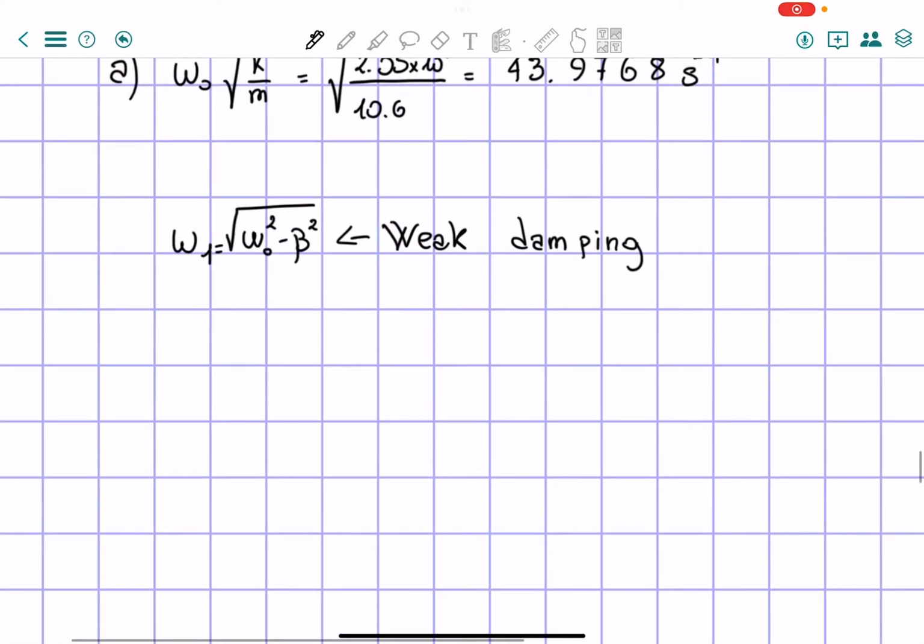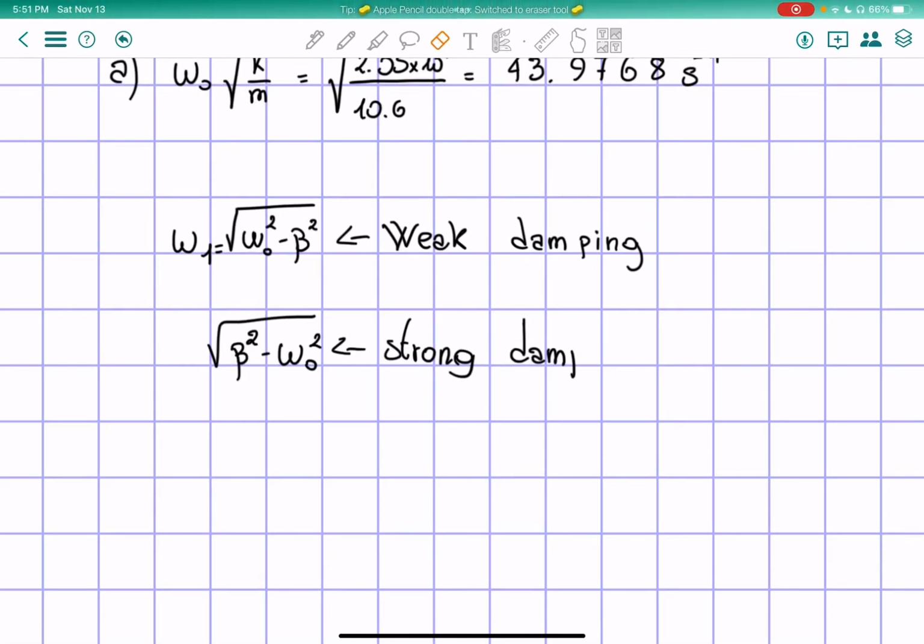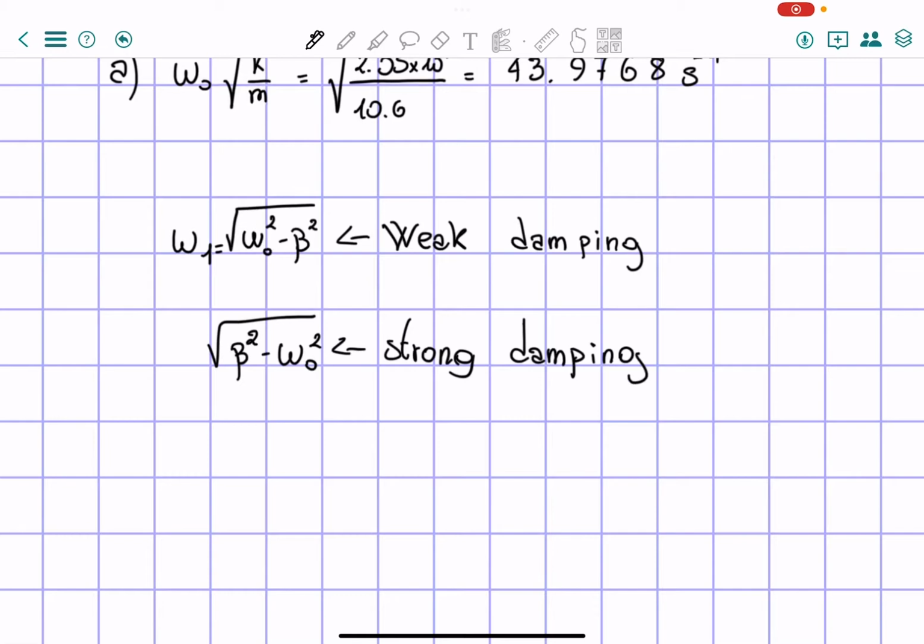If we had a strong damping, instead we would have had the square root of beta squared minus omega naught squared, for strong damping. So what does this mean?